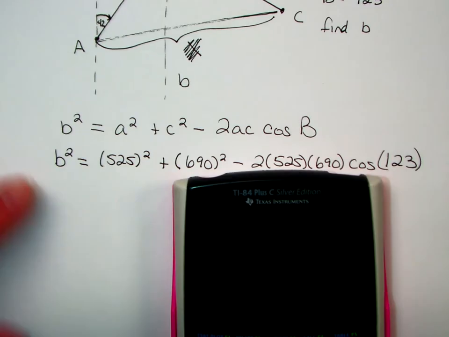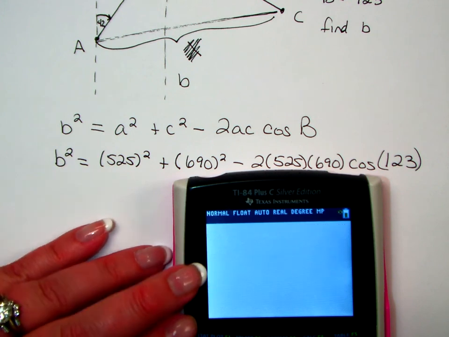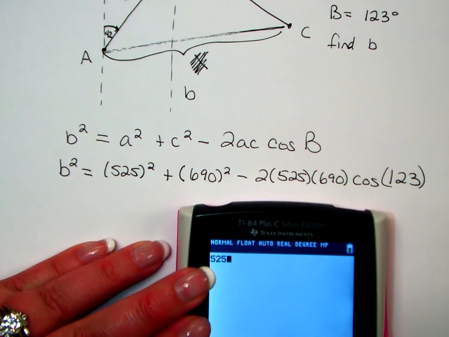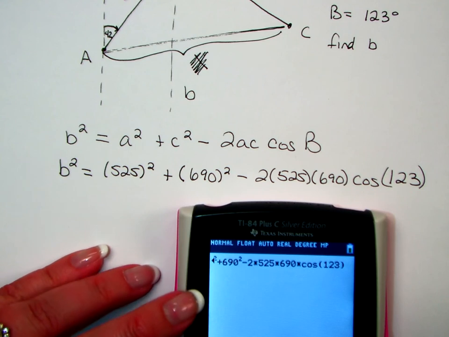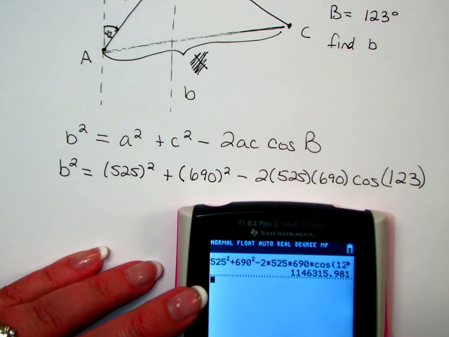All right, here we go. 525 squared, 690 squared. I got a number in the millions here. Let me go ahead and square root it.